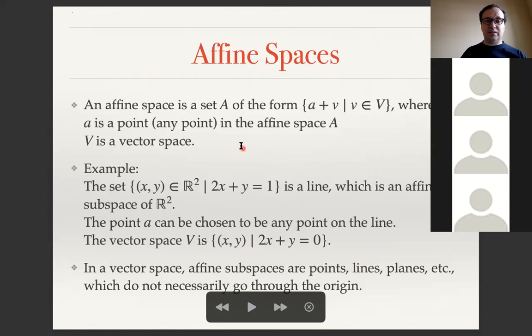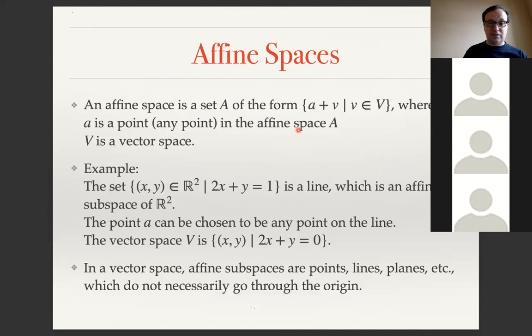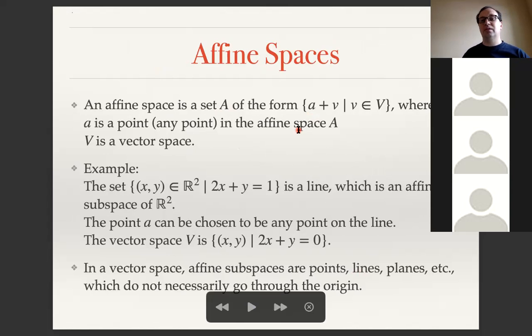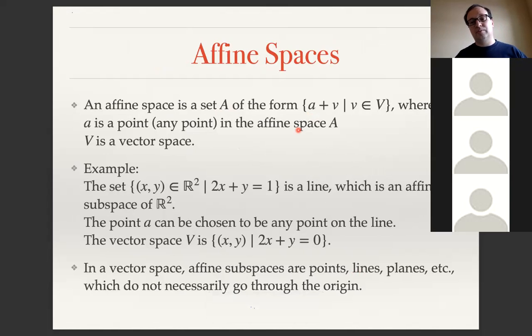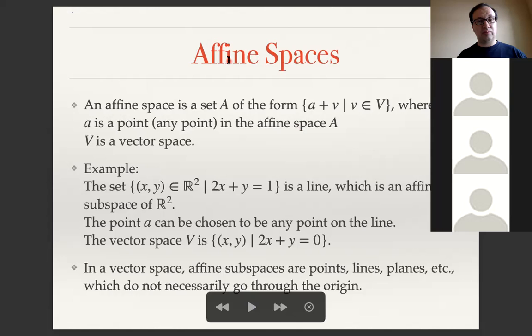An affine space is a set of this form. It doesn't actually make sense to define the addition of two elements of an affine space. In general, you cannot add a point with another point. But what you can do is add a vector to a point. So maybe here I want to make a picture. Let's see.